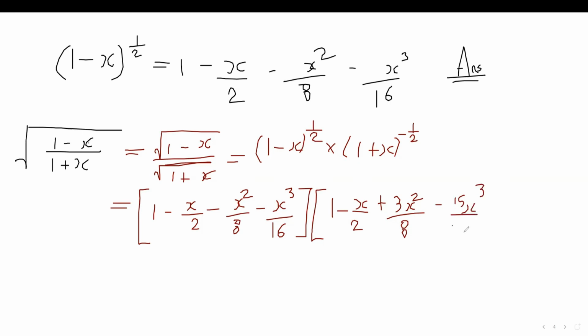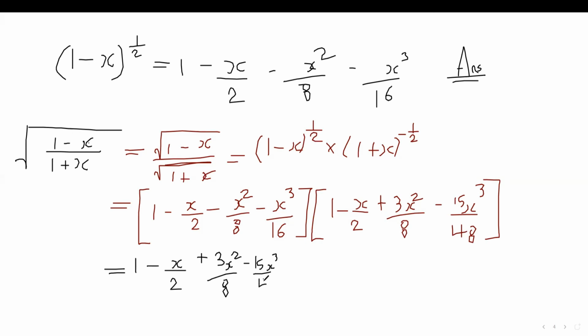All right, so now we're just going to multiply them and simplify it. To do that, we're going back to grade 10 maths, right? That's basic maths. We're going to multiply out 1 times all of this, which gives us 1 minus x over 2 plus 3x squared over 8, then minus 15x cubed over 48.